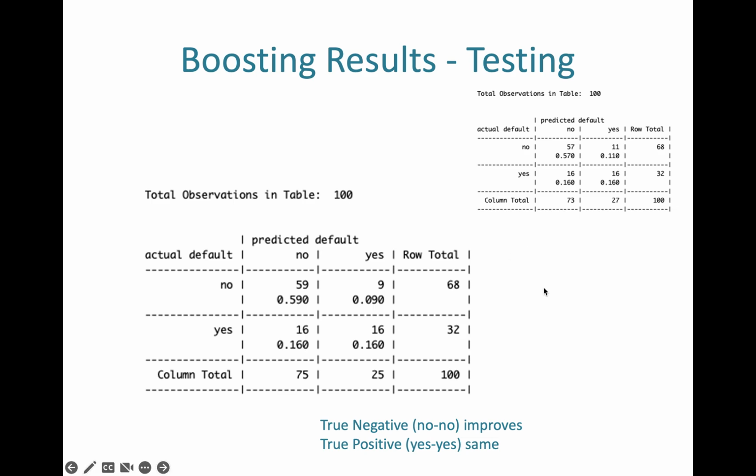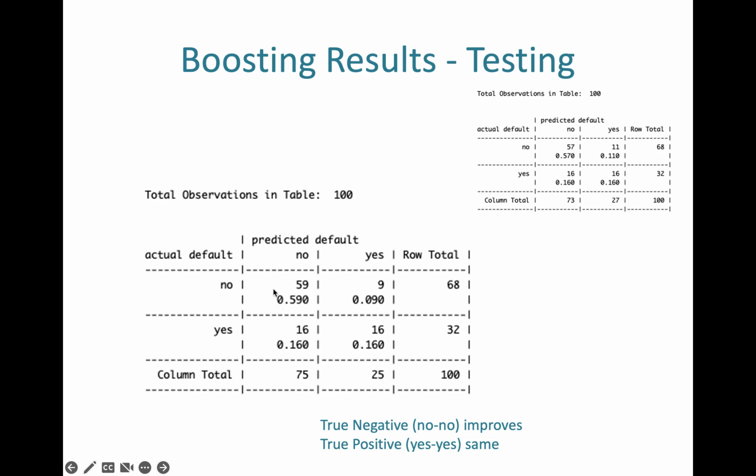What do we see here? We see that the testing results are not as good as the boosting results during training, okay? So we're still performing basically like throwing a coin for identifying the positive defaults when someone defaults or not. We have not improved at all, so this is still 16% of the cases, okay?